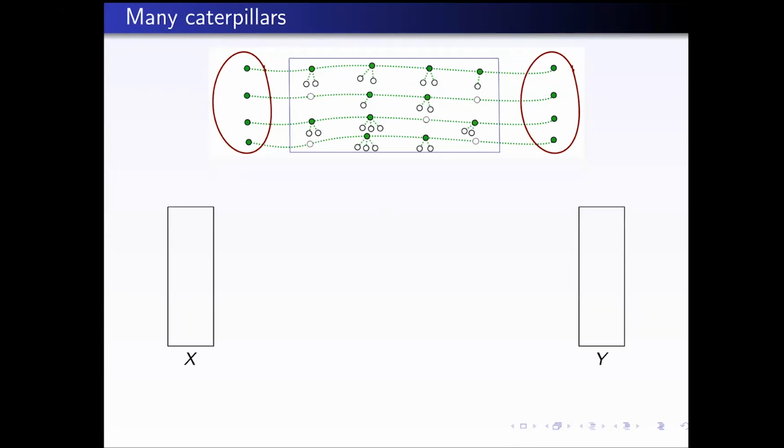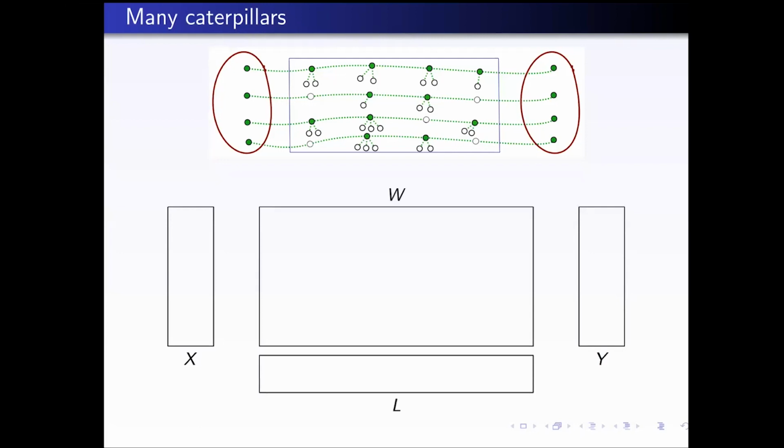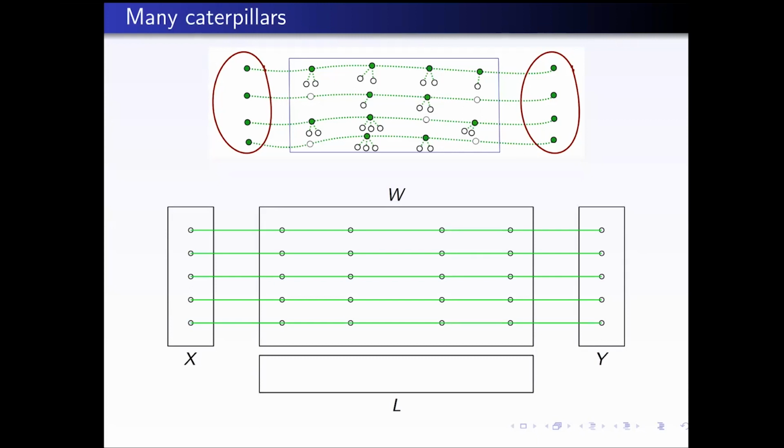When we do the embedding, we can first reserve random sets X and Y, and also W and L. Those are the image points of these caterpillars, and then we can put them together, align them up, and build the multiple connection. This is similar to Montgomery's work.